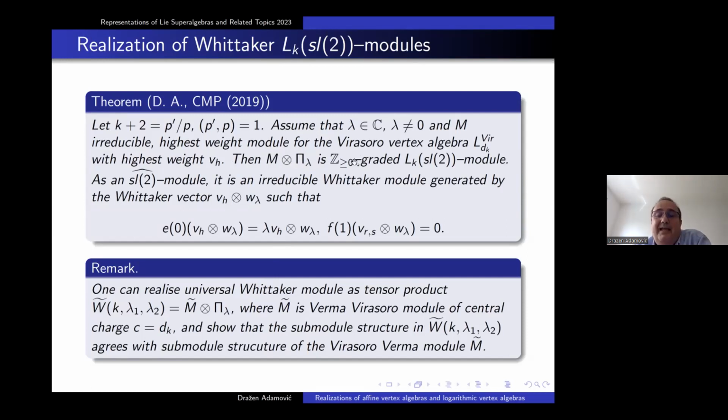Then this module is Z-graded. It's a weak module for the vertex algebra, and in that way we can construct almost all possible degenerate Whittaker modules. So using this inverse reduction, we see a possible way to generalize this.